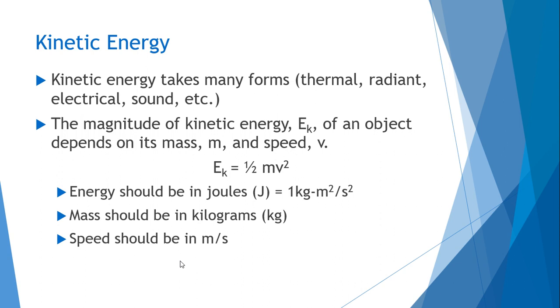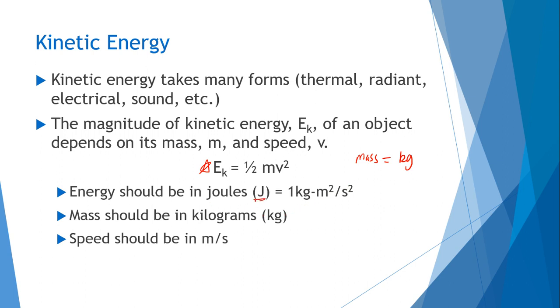The magnitude of kinetic energy, which is abbreviated E with a little k to mean kinetic, is going to depend on the mass and the speed of an object. This is our formula for kinetic energy, and you're going to be using it. It's 1/2 mass times velocity squared. One thing I want you to know about this: mass has to be in kilograms based on the unit.